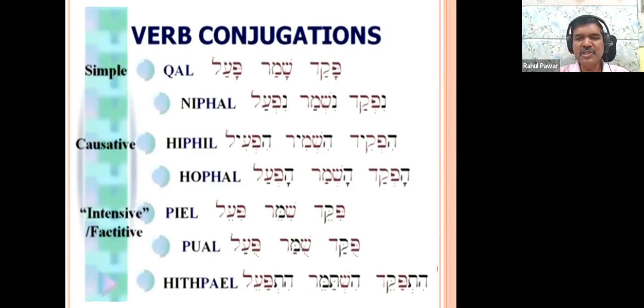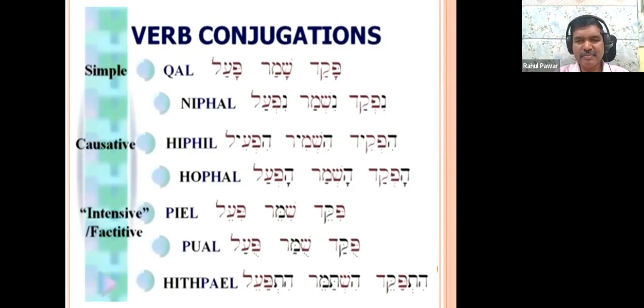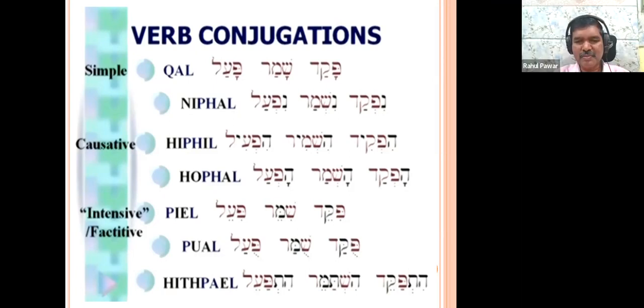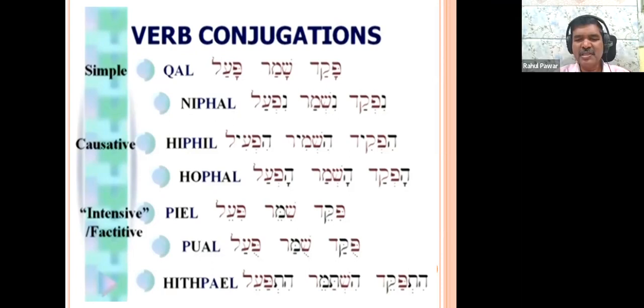Then the hifil form is hishmir, the hopal form is hoshmar, the piel form is shimmer, the pual form is shumar, and the hitpael form is hishtamer.